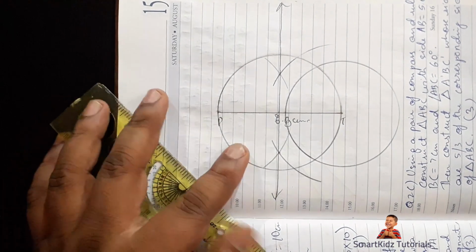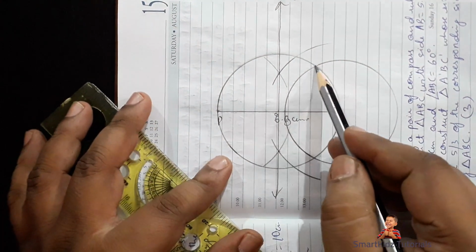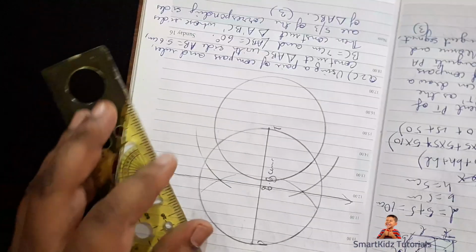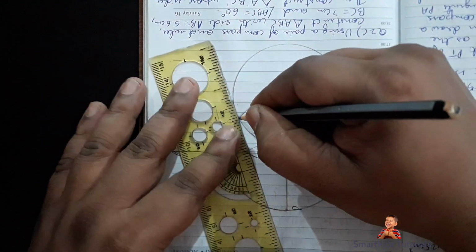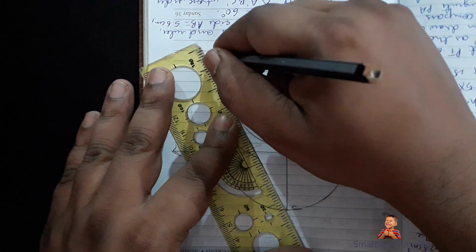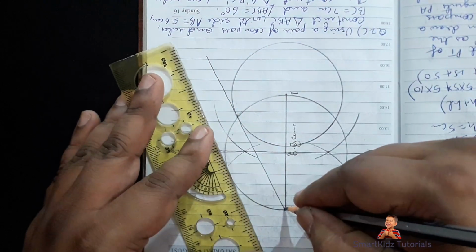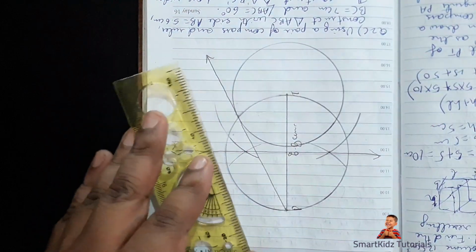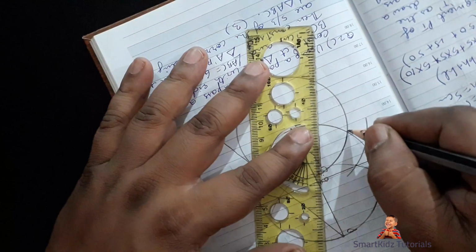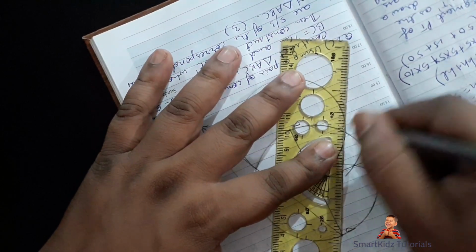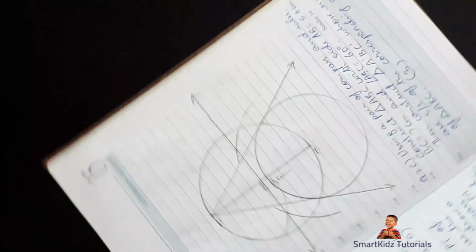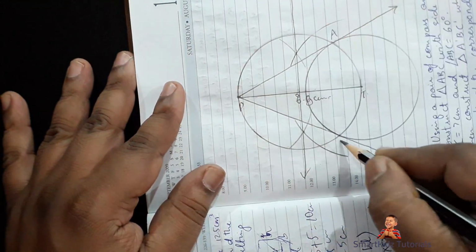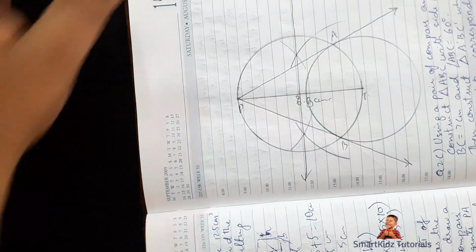Next we have to construct the tangent. So the tangent would be from here to here, and from here to here. There you go. Mark this, and this tangent will be coming from here. Okay, and we'll mark this as A and B. So PA and PB is what we need to measure, and they should be equal to each other.